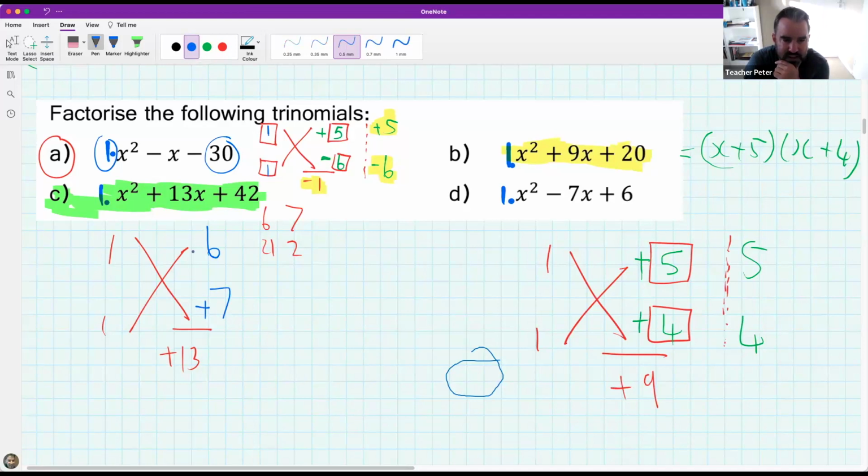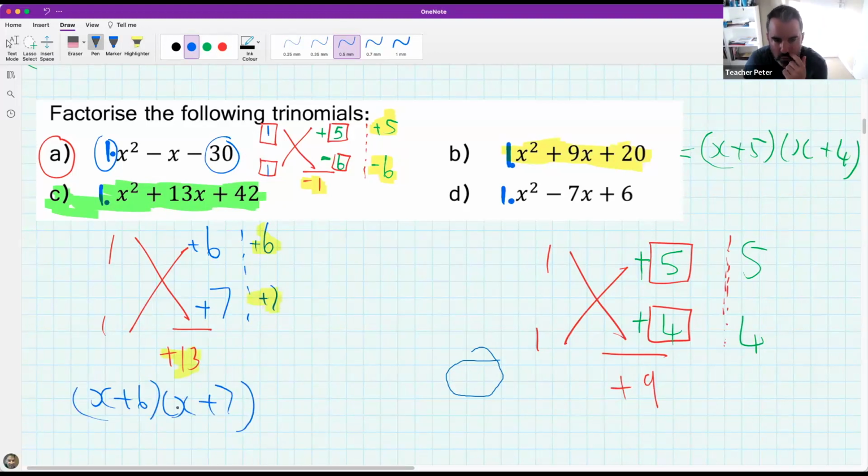So I'm going to make that a plus and that a plus because together, this gives me a plus 6. This gives me a plus 7. And together, remember the balancing term? Does this add up to that? And it does. And then I can read off x plus 6, x plus 7 will be the factorized form of C.